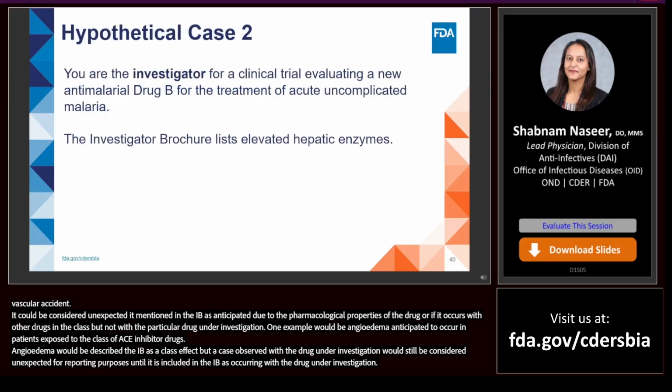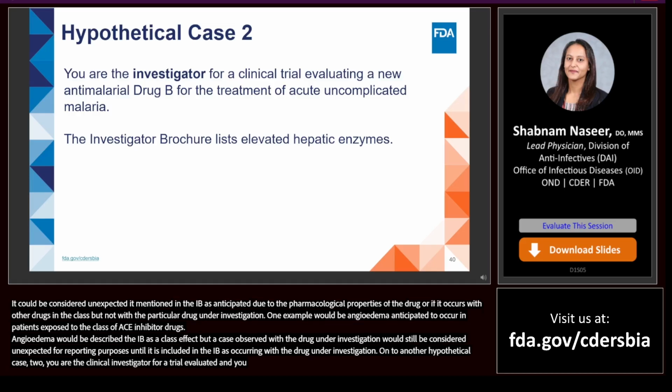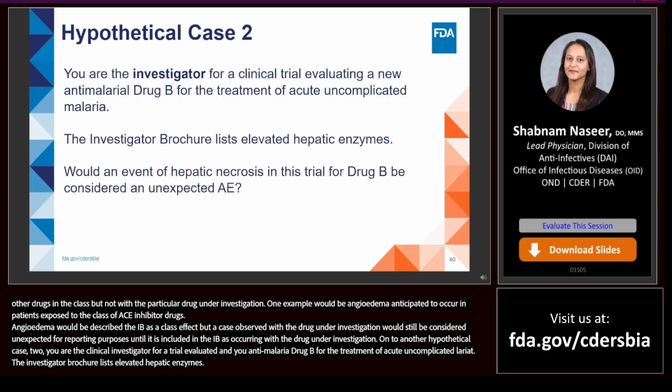Go on to another hypothetical case, case 2. Here you're the clinical investigator for a trial evaluating a new anti-malarial drug B for the treatment of acute uncomplicated malaria. The investigator brochure lists elevated hepatic enzymes. And the question is, would an event of hepatic necrosis in this trial for drug B be considered an unexpected AE?